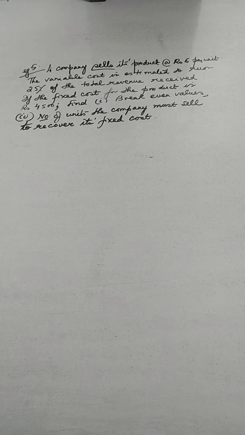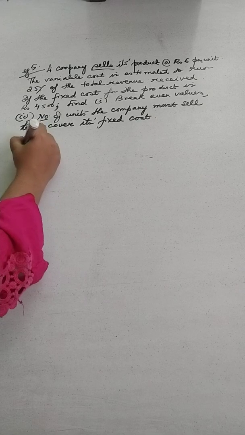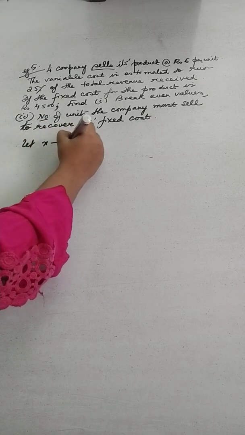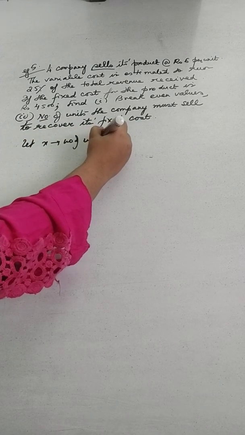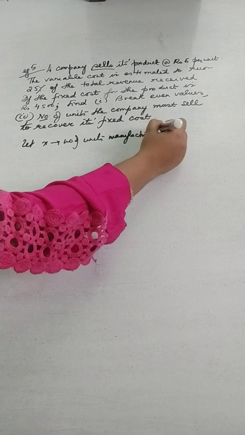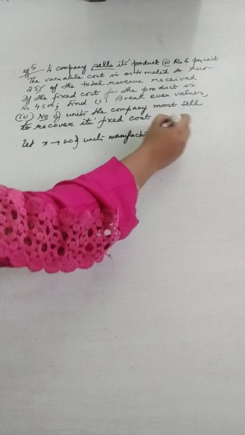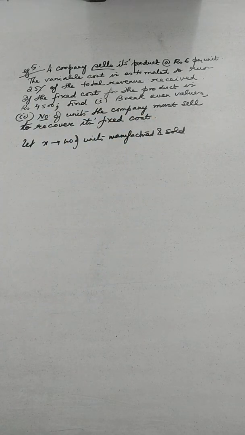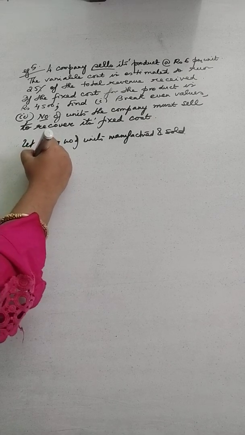Okay, and from there you have to find out the break-even values and the number of units that the company must sell to recover its fixed cost. So let us begin by assuming that x is the number of units manufactured and sold by the company. Okay, so from the first line itself, we are getting the revenue, which is the earning.